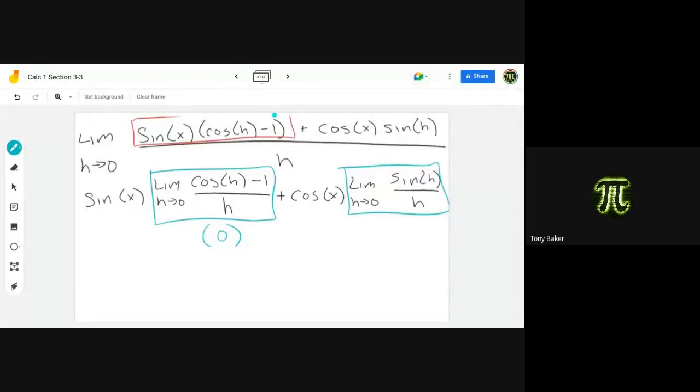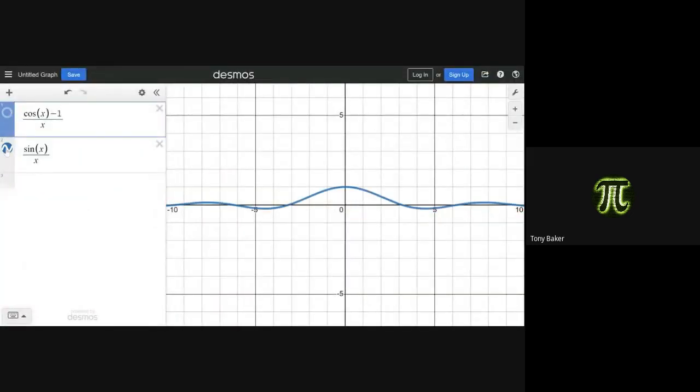All right, so that's 0. So now let's go back and look at what sine of x over x is going to. If we look at this one, what does it look like it's going to? Looks like it's going to 1.